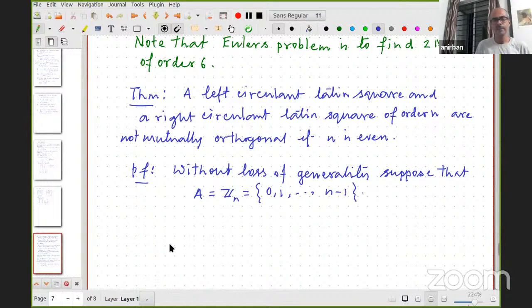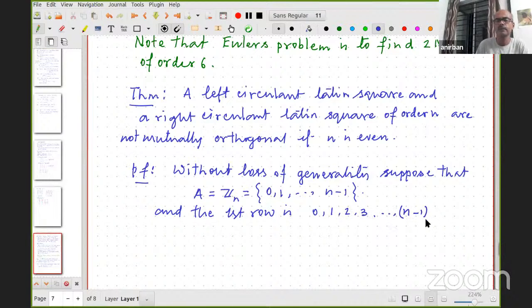A is the alphabet, and both Latin squares have the same alphabet. Also the first row is 0, 1, and so on.